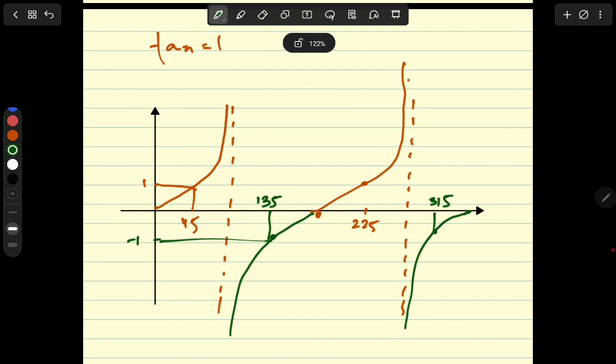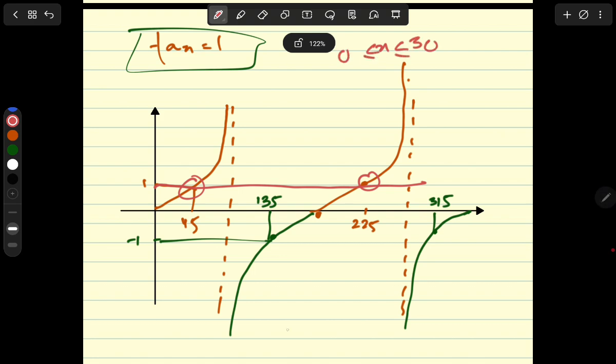Okay, so if you have tan of x equal to 1, you can see that y equal to 1 and y equal to tan x intersect at 2 points, in the first quadrant and in the third quadrant, for no restriction given, right? Or if x is between 0 and 360, right? So your answers are going to be 45 and 225.